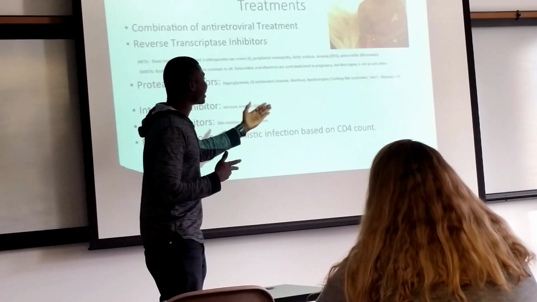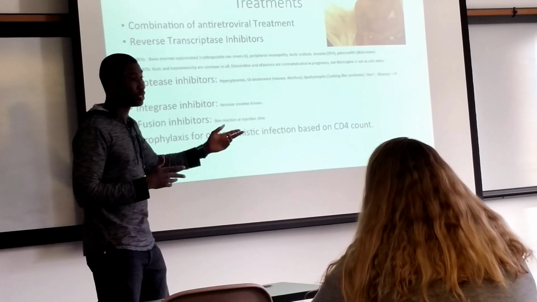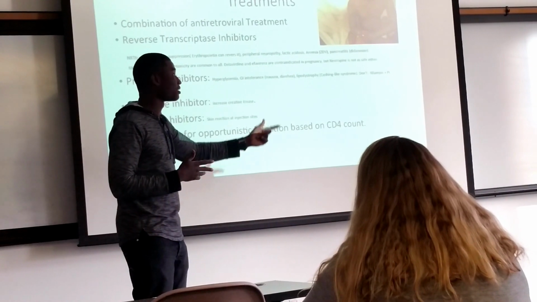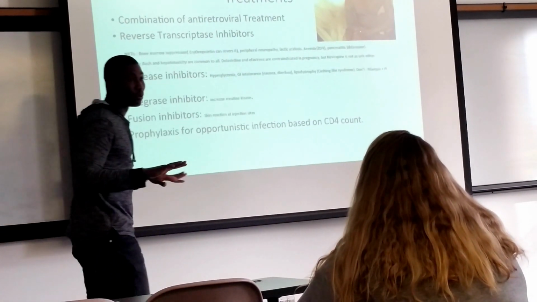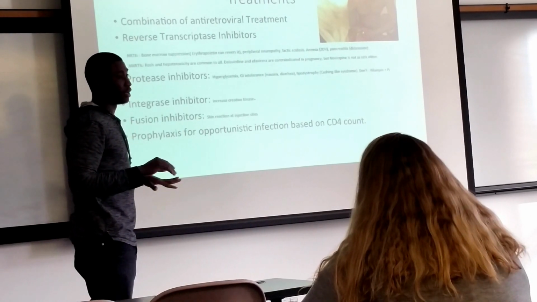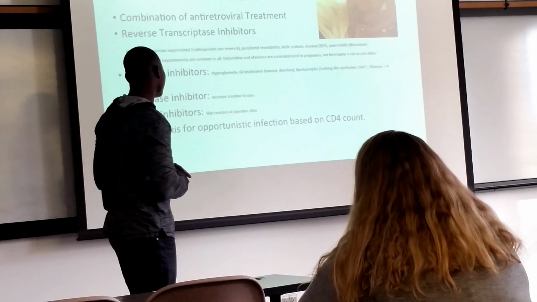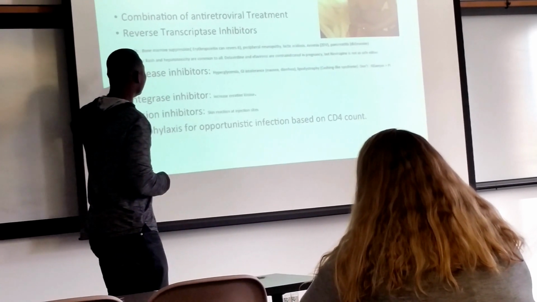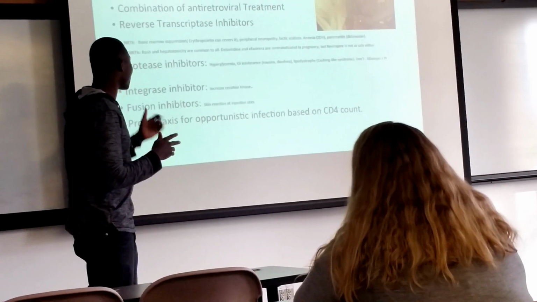Then there is lactic acidosis, and we also have pancreatitis. When you see a patient who has pancreatitis and uses this drug called didanosine, you have to stop the drug completely, then review the treatment, or talk to the doctor and see what can be done to change the treatment.